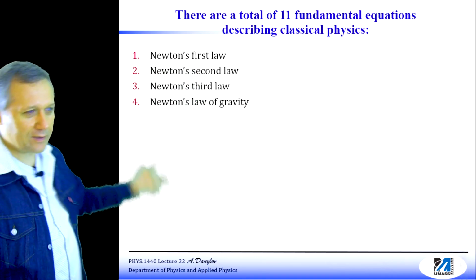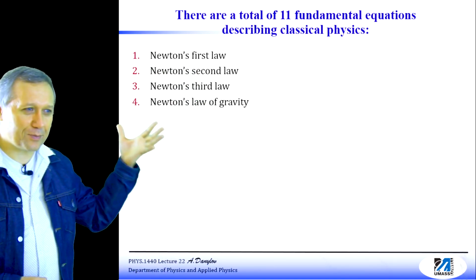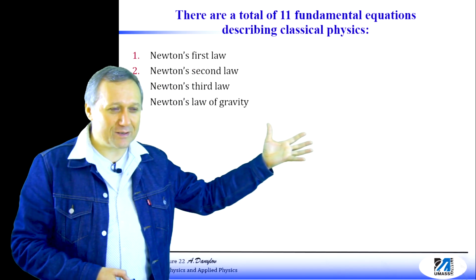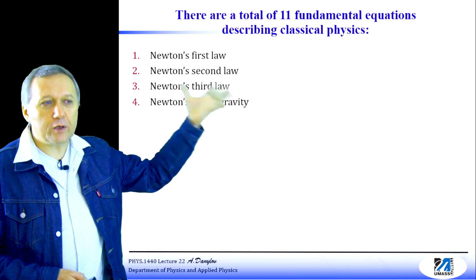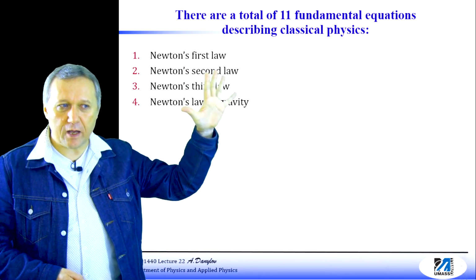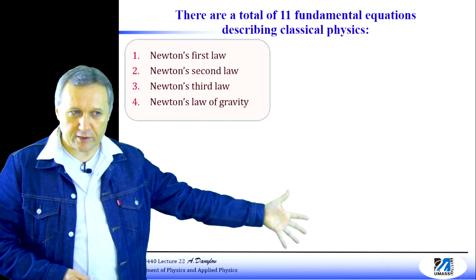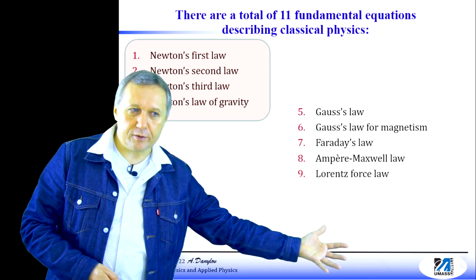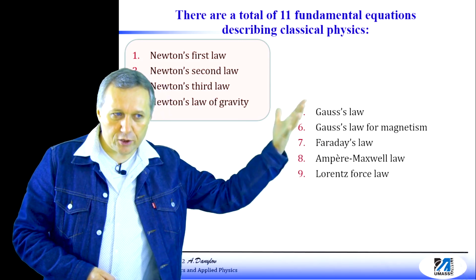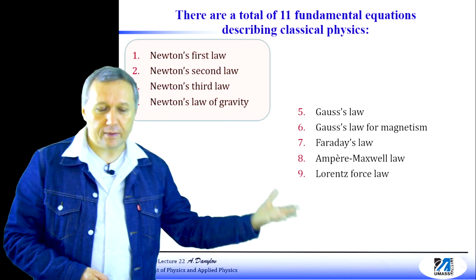Everything is about Newton. He was boringly productive, his name is almost everywhere. Now in physics 2, we introduced 5 additional fundamental equations, which we just stated: Gauss's law for electricity and for magnetism, Faraday's law, Ampere's law, and the Lorentz force. Additional 5 equations, so overall we have 9.